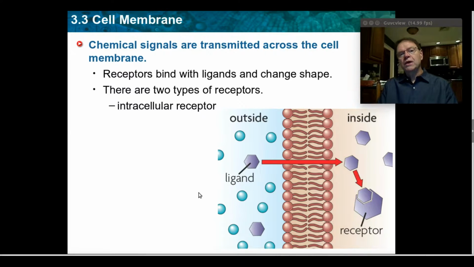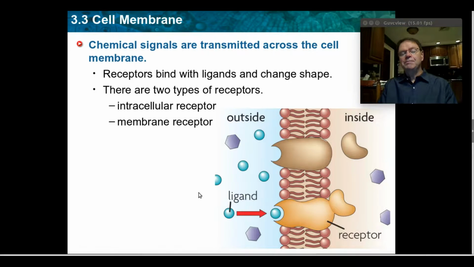There's also another type of receptor that we're referencing here that's embedded right into the membrane itself. And so here, the ligand, which is going to be the molecule that's being monitored, is never going to enter the cell. But what it's going to do is bind to an active site on a protein that's embedded into the cell membrane itself, what we're referring to here as the receptor.